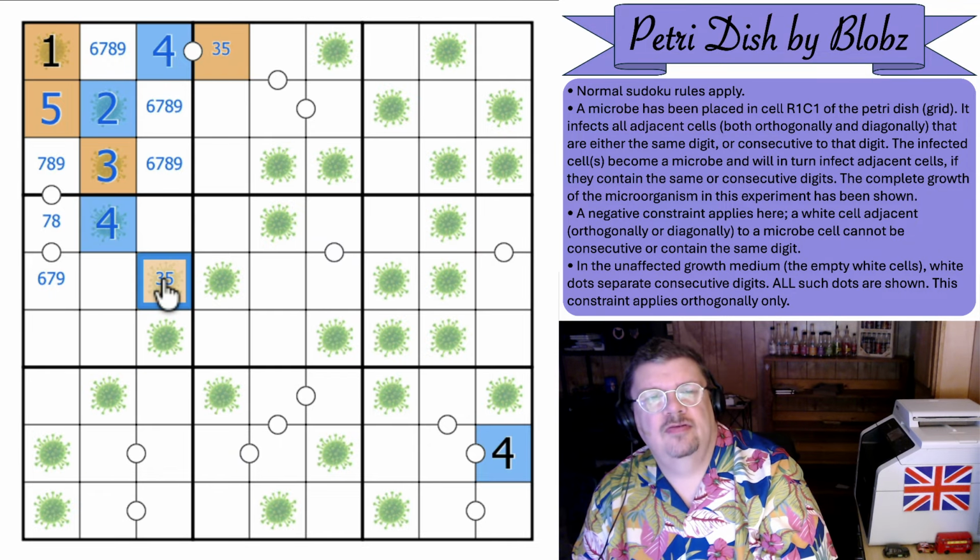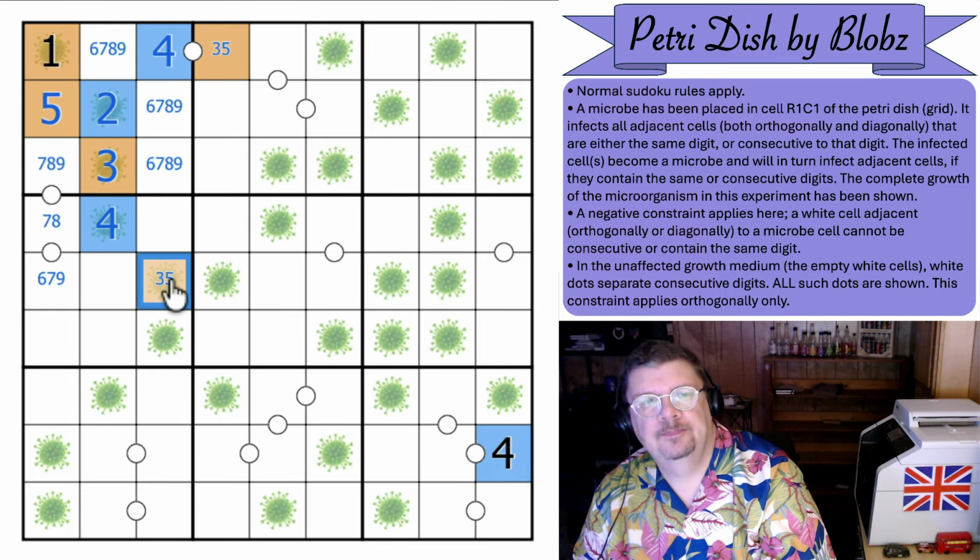Right, if this is a 3, and this is infected by this cell, then that has to be a 2. If this is a 5, and this is infected by this cell, that has to be a 6.